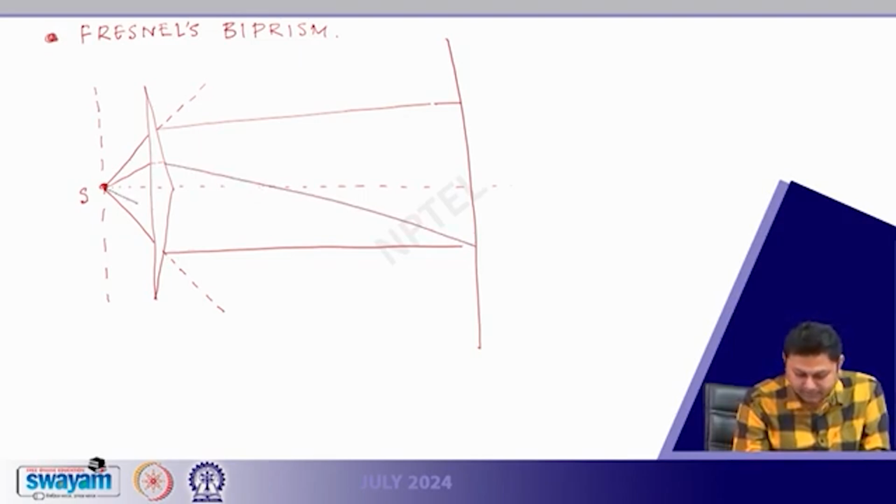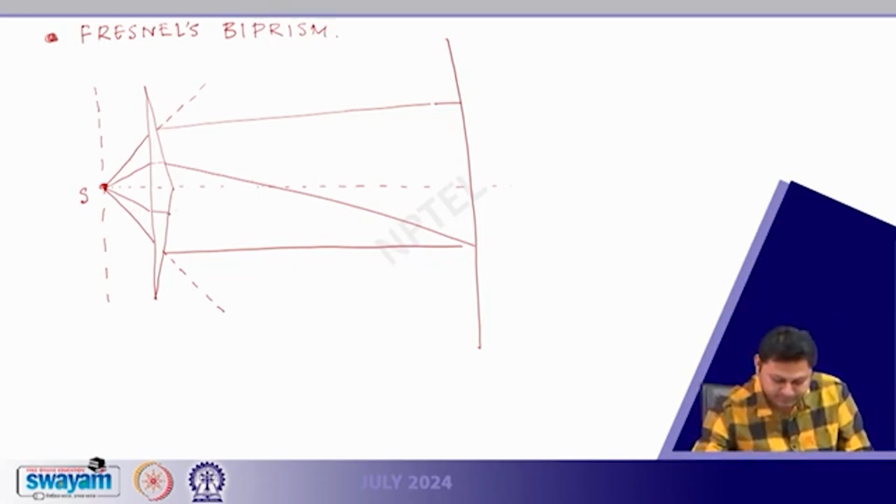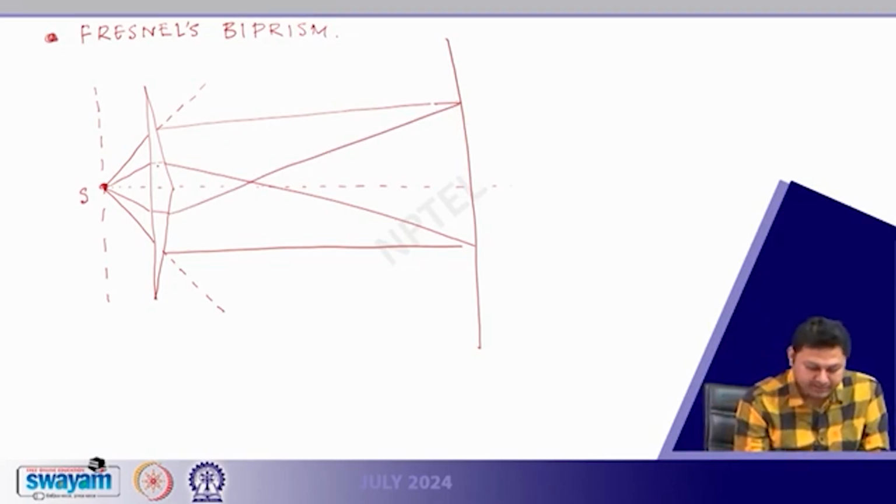Another light will also go here, move here, and diffract. So when I extend these two, they will form a virtual source here at this point.